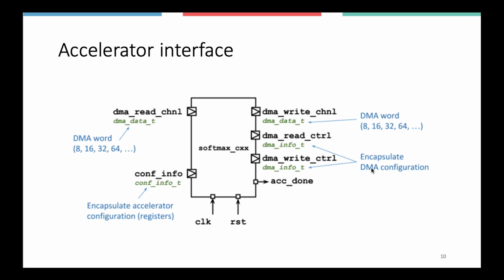To transfer data from and to the main memory, we have the DMA read channel and DMA write channel. Finally, there is a port to notify the task completion back to the software application, acc done. And this can be mapped either on a register or to an interrupt.